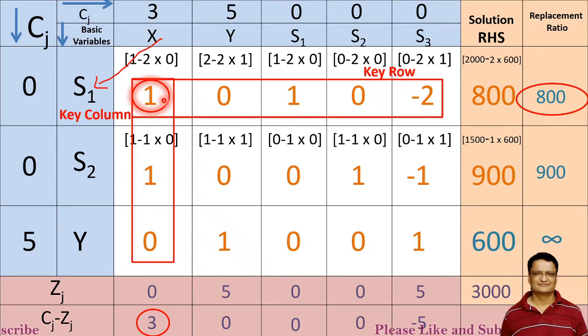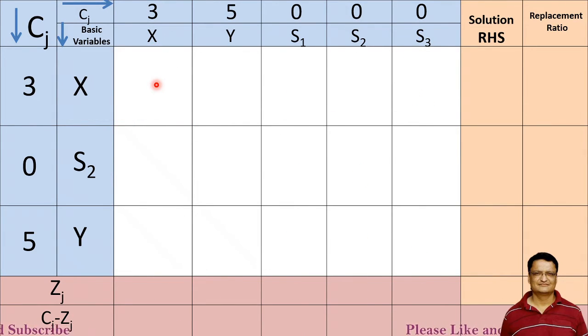Based on this key row, key column and key element, we have to now make the next table. Moving to the next table, I again have to make a blank table. The only change is that I have replaced S1 with this X, because X was the entering variable and S1 was the departing variable, and 3 is the coefficient of this X.